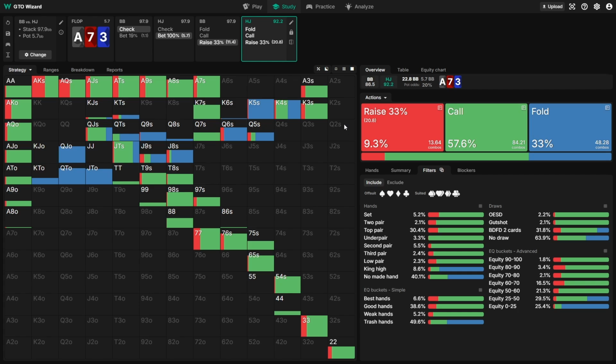So not a very easy strategy to pin down, but really the principle here is just folding more often, continuing to raise with a polar range, but being much more selective with our bluffs, and being very selective with the hands that we check call as well.